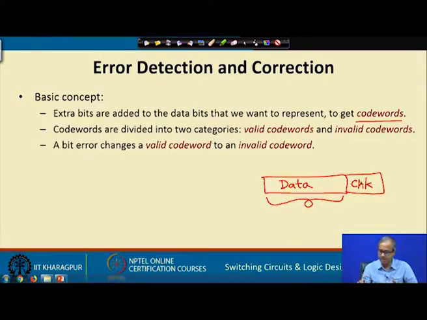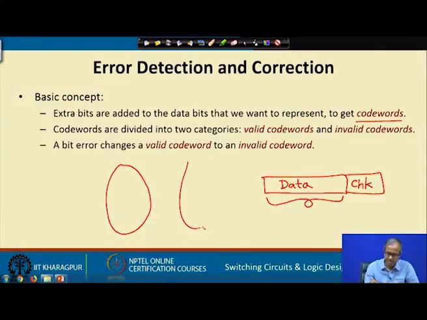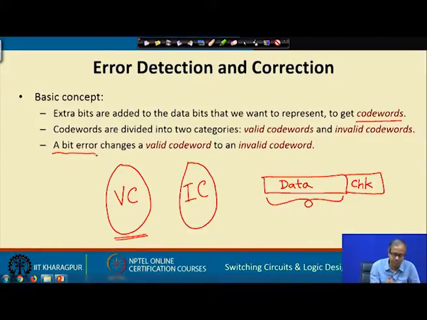Now, the concept behind error detection is, when we talk about code words, there can be valid codes and there can be invalid codes. Normally, whenever we are storing or communicating some data, they correspond to valid code words. Let us say I am talking about a single bit error, one bit is changing.